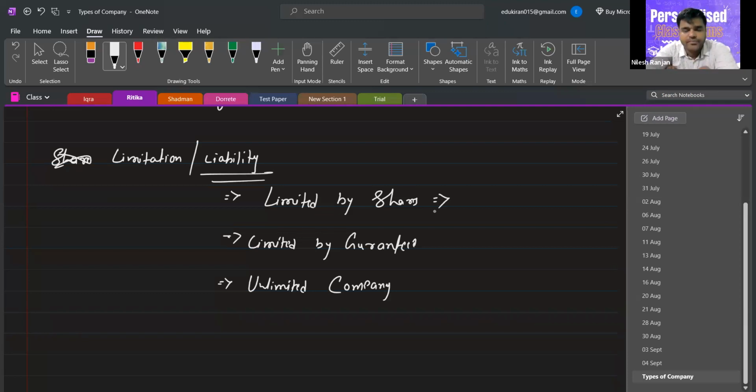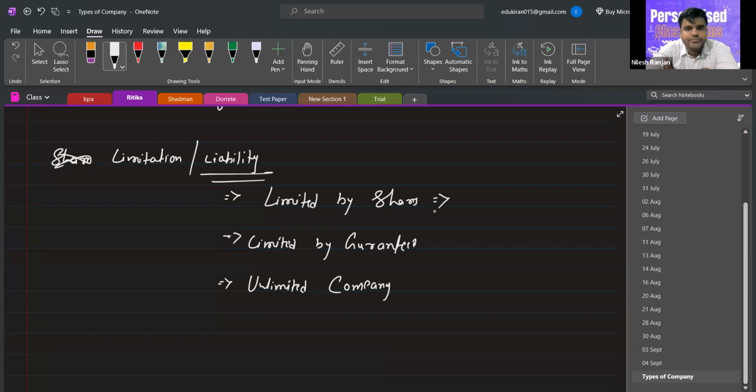They have to pay if the partnership firm is not able to pay its liability because there is no assets left, then the partners have to pay from their personal property, personal assets.